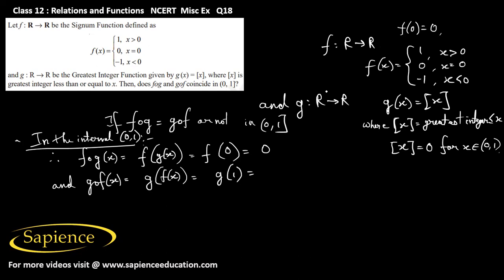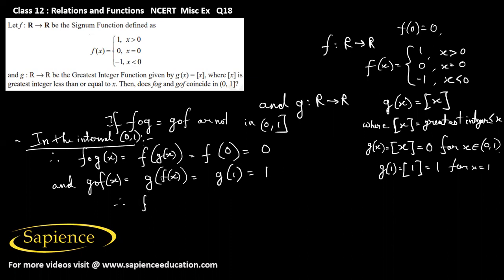So g of 1 means bracket of 1, that is equal to 1. So g of f of x for x from 0 to 1 is 1, whereas f of g of x is 0.